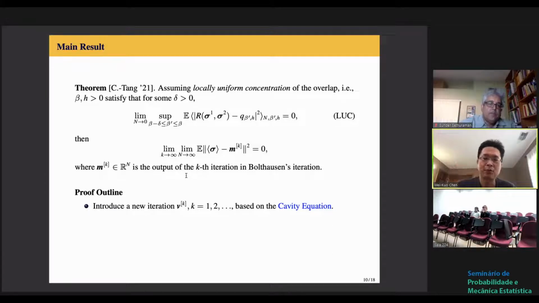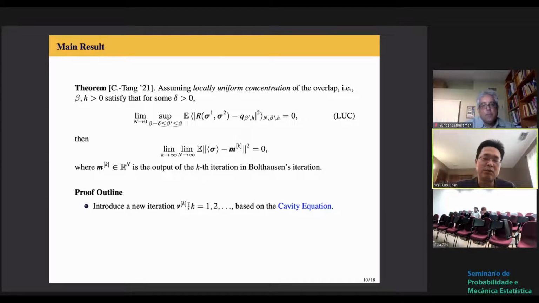We have seen that Boltzmann used the TAP equation to define this iteration, and then to show the convergence of MK, and then we get this. But if I want to show this result, I cannot measure these two objects directly, I cannot measure this difference directly.